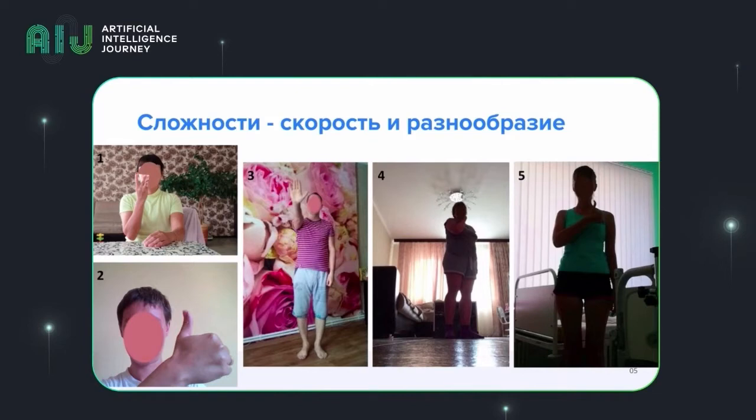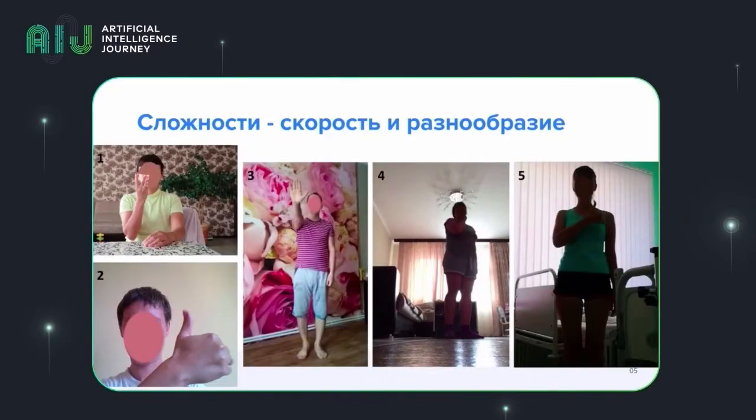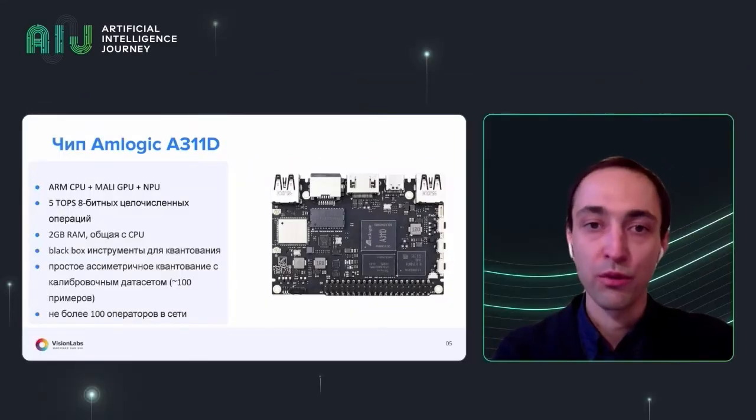In the third picture, we see a multicolor background, which also makes it more difficult to recognize the image. And in the fourth and fifth images, there's too much backlight for the user, so the machine can hardly see the gesture. And in the fourth image, the camera is located on the floor at a different angle from the normal.